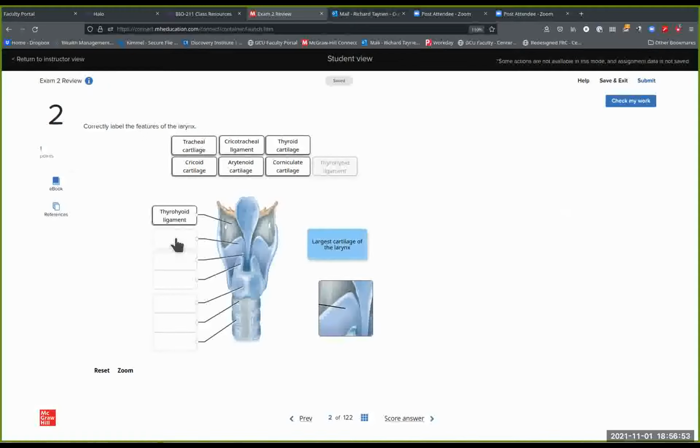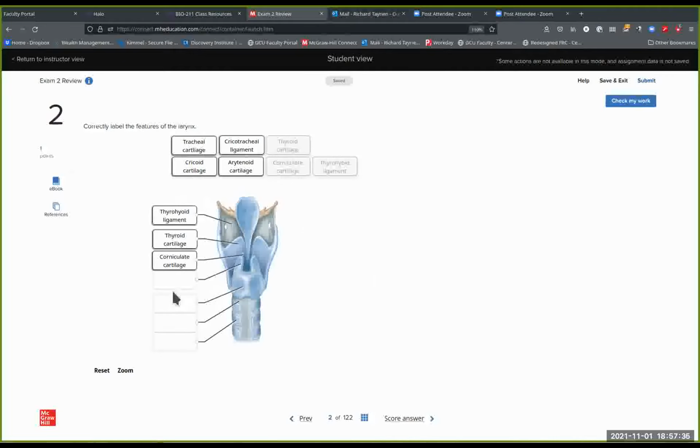So what's this? That is the thyroid cartilage, I believe so. How about this? You're probably not going to mark that. Oh, corniculate. Yeah, I think that's the corniculate.